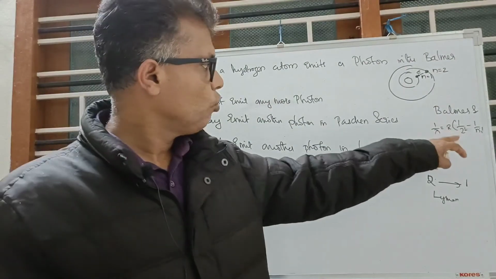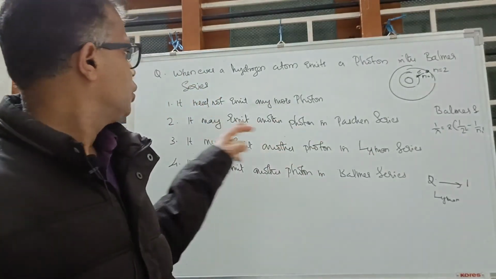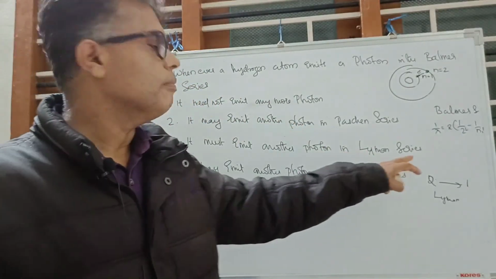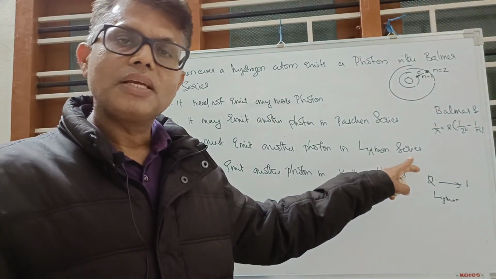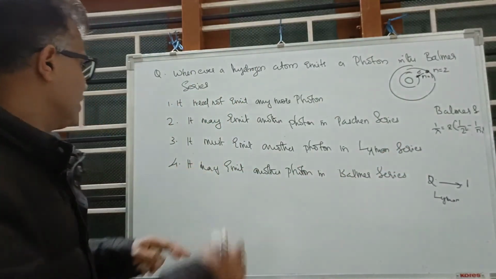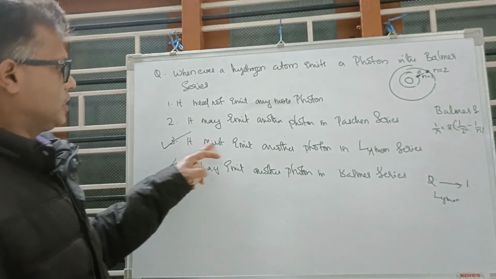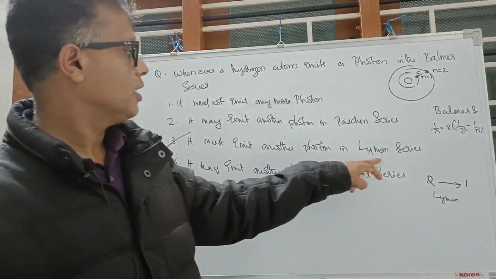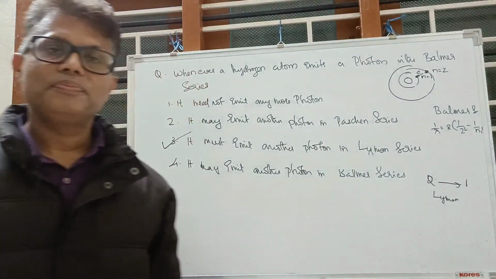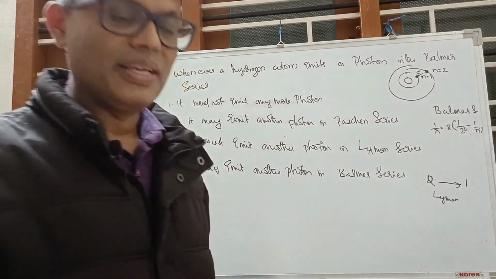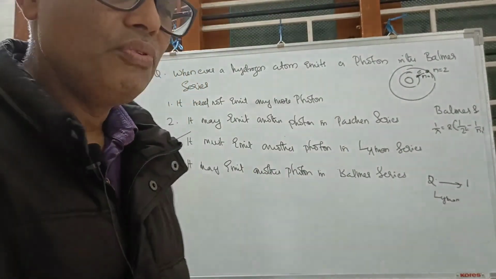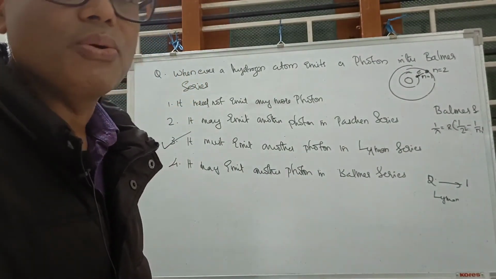To come from the second orbit to the first orbit, it should emit a photon in the Lyman series. Clear, no? Very easy question. The answer is, it must emit another photon in the Lyman series. Very simple. You can knock it down. If you know the things, these are very simple questions.